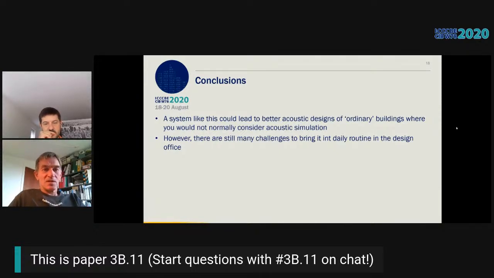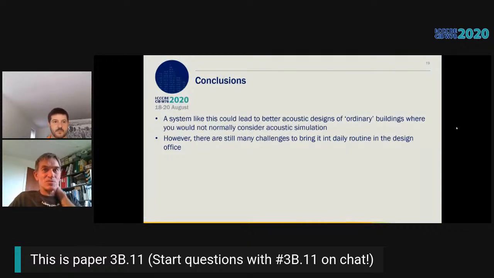So conclusions. We think a system like this could actually lead to better acoustic designs of, say, ordinary buildings where you would not normally introduce very advanced acoustic simulations. But we can also see that there are still many challenges to overcome, and at the current stage, we see it as a prototype that would not be that easy for the normal design engineer to use in his daily work.